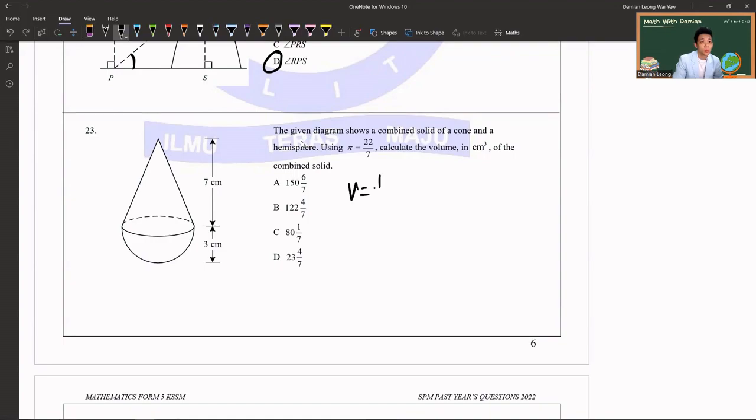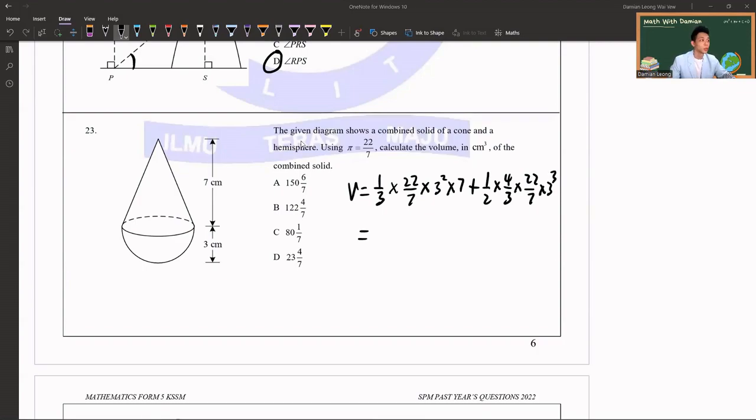So volume 1/3. So this will be the radius of the hemisphere, which is the radius of cone as well, because they share the same circle here. So 1/3 pi times radius square, 3 square times height 7, plus half times the 4/3 pi times radius cube.